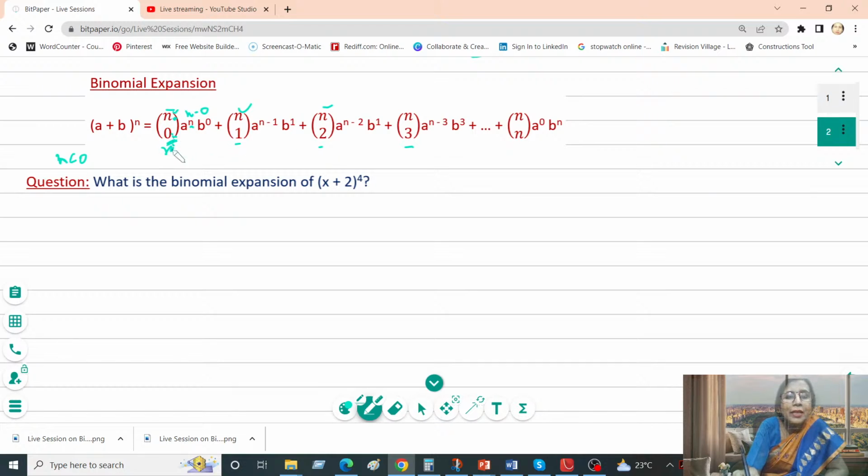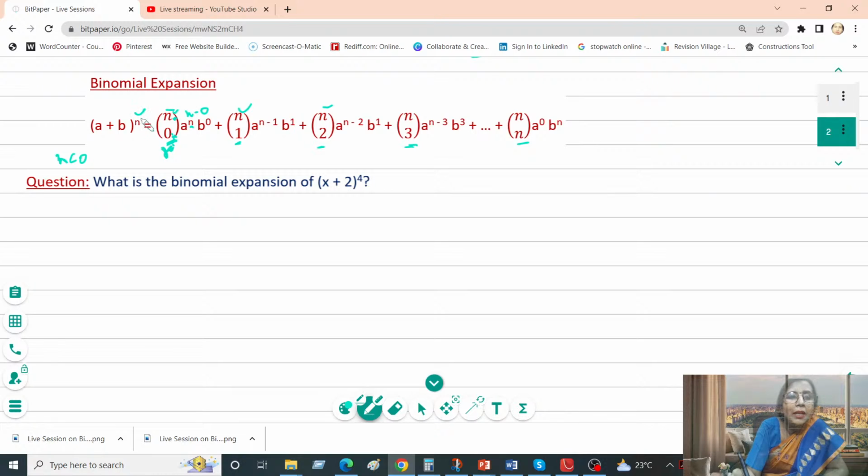In our coming session next Saturday, we will be taking up this r, where the letter r will be visible. But for this session I did not take the letter r. I have just expanded and written the terms one by one. But these numbers represent the r values, and the r values are different.